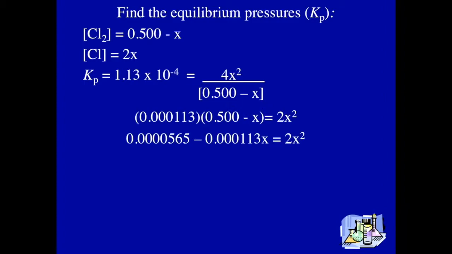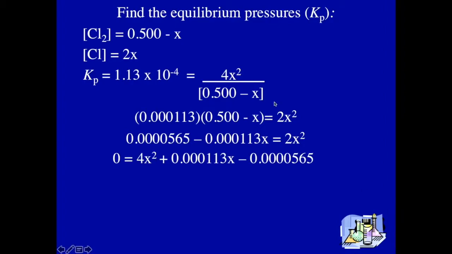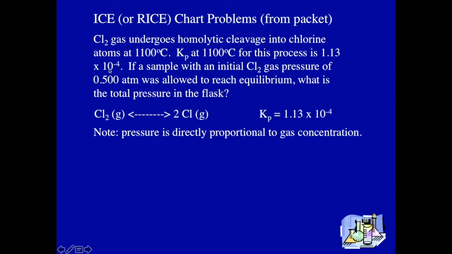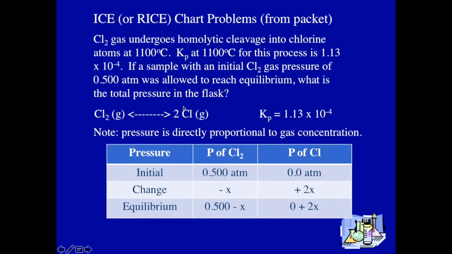I'm going to put what I need on the different sides. I'm going to do my algebra. This is what we had before. The equilibrium would be my reactant on the bottom, chlorine, and my product on the top.